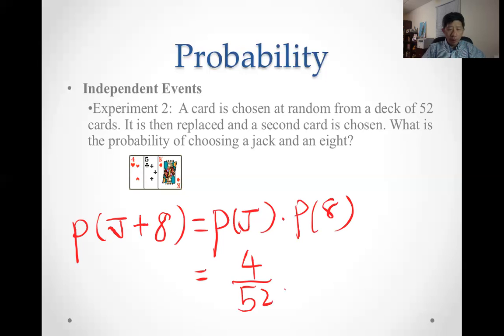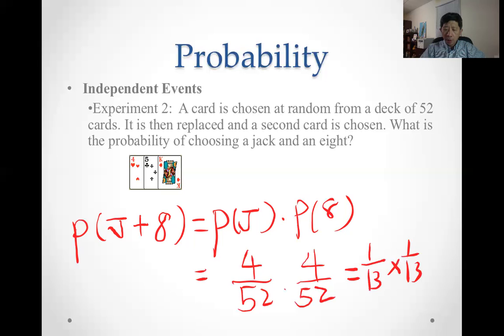Times another 4 eights out of 52, for a normal deck of cards. Actually, we can reduce this first. When we reduce, we get 1/13 times 1/13. So therefore, it is 1 over 169. This is how we solve this problem, okay?